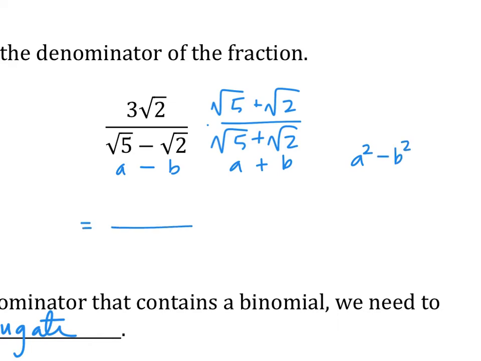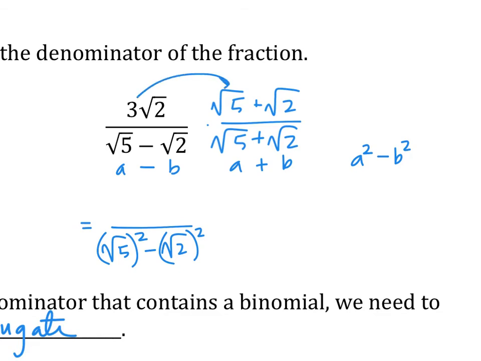So in the denominator, it becomes square root 5 squared minus square root 2 squared. So that's going to be an easy number to solve. Again, in the denominator, do not FOIL. You're going to take too long. Just use a squared minus b squared. In the numerator, there is nothing we can do but distribute or FOIL.